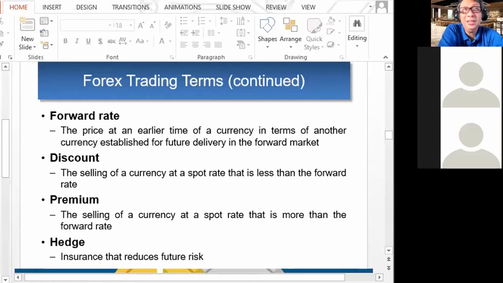Pero in reality, yung futures market, sabi ko nga, merong establishment, merong arbiter, para siyang stock exchange. Questions? What about hedging? This is also a term in foreign exchange. What about hedging or hedge?